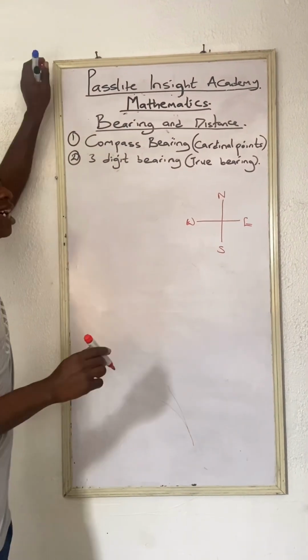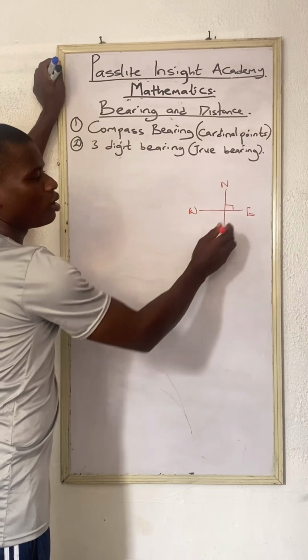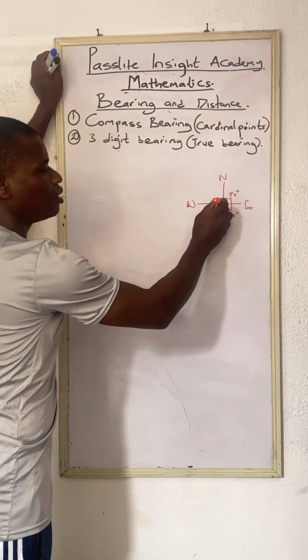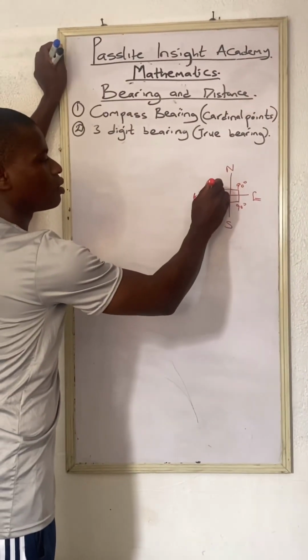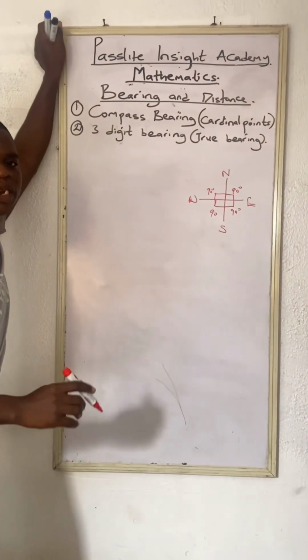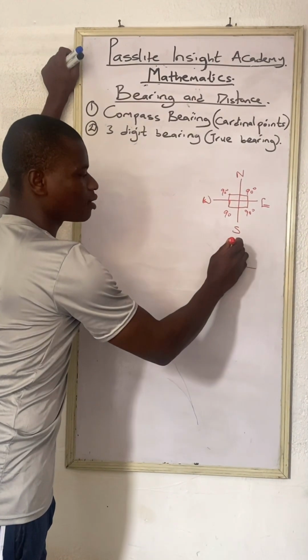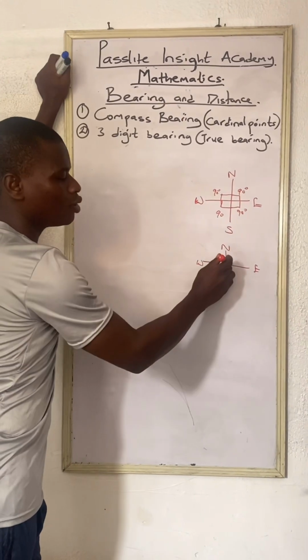So, what is the angle? The angle from here to here is 90 degrees. This is 90 degrees. This is another 90 degrees. This is another 90 degrees. And at the same time, you can sum them up: north, south, east, west. From here to here is 90.